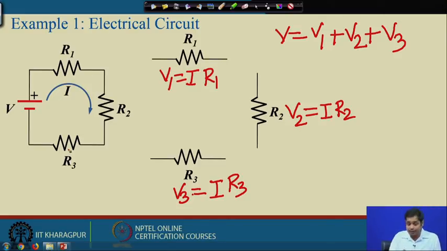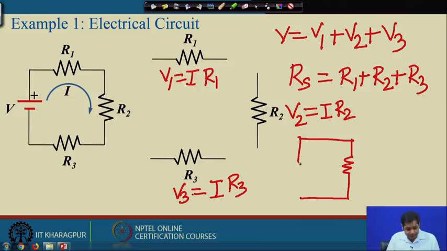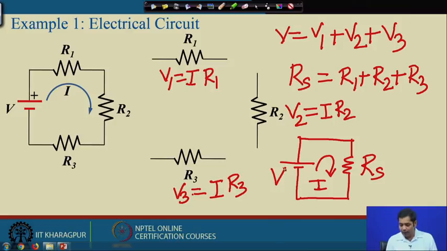the effective resistance RS, or resultant, will be R1 plus R2 plus R3. You know this, so I am not writing the entire steps here. So we can have a system like this, where this is RS and this is I and this is V. And then we have V is equal to I into RS, where RS is equal to R1 plus R2 plus R3.